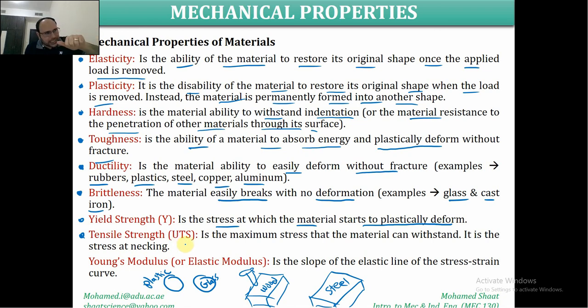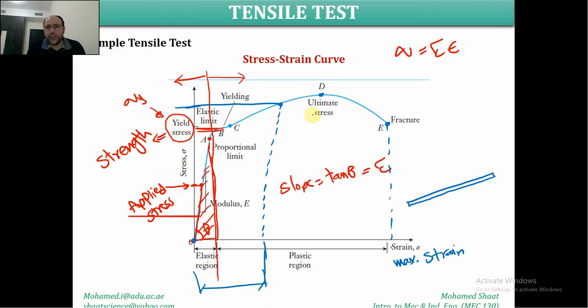So UTS stands for ultimate tensile strength, or ultimate tensile stress, of the material. This is the maximum stress that the material can withstand, and this is the stress at the necking. If we refer to this figure, this is the ultimate tensile strength of the material. But the stress value at the yield point is the yield strength of the material.